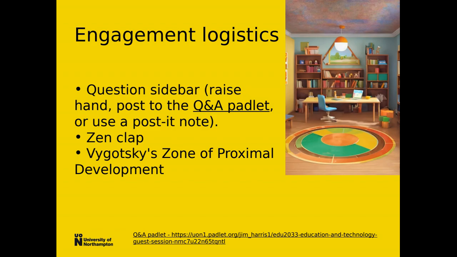But now, if I say, has anyone heard of a Zen clap? 1, 2, 3. The Zen clap is just a single clap that we all do in time with each other in response to a question. If you are online, you can play along at home without having the microphone on. So if I say Zen clap, if you have an iPhone, 1, 2, 3. Zen clap if you have an Android phone, 1, 2, 3.